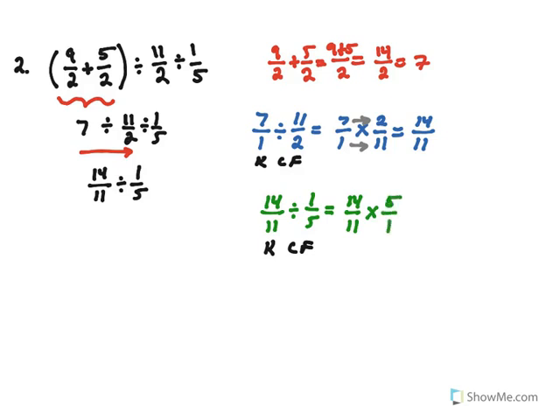All right. And nothing cross cancels here. So 14 times 5 is 70. 1 times 11 is 11. So the final answer is going to be 70 over 11. All right, and that's what this is.